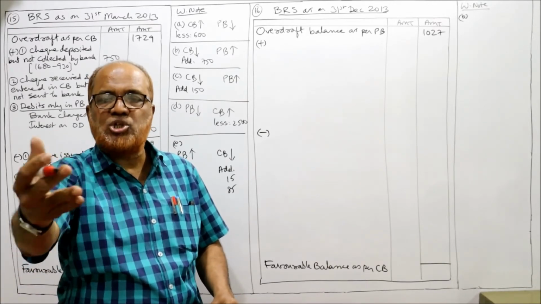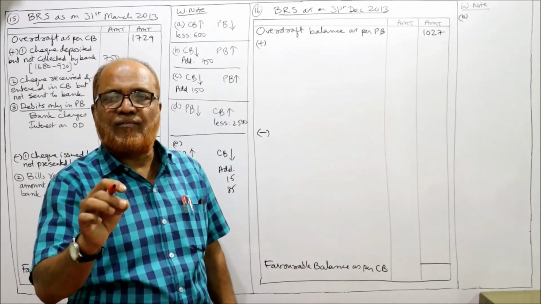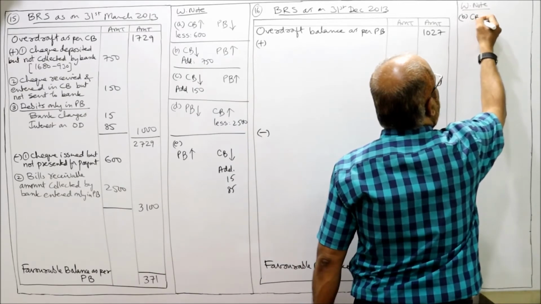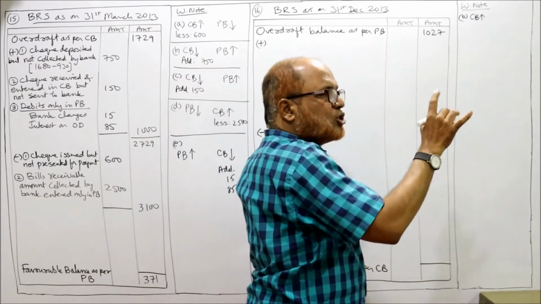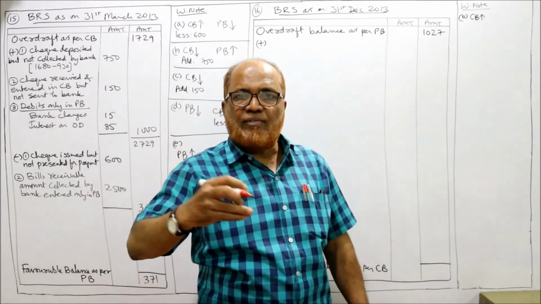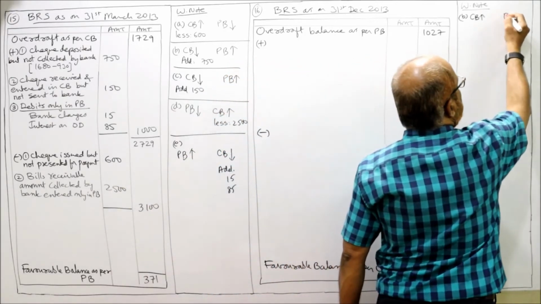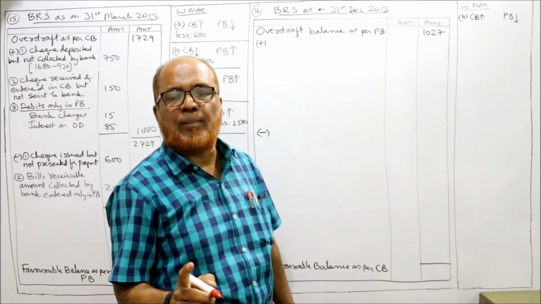Drawn means issued, check issued. When we issue the check, we record first of all in the cash book. So cash book overdraft will increase. We are having overdraft balance in the beginning. So we assume there is an overdraft. So when we issue the check, when we draw the check, cash book overdraft will increase. Passbook overdraft still will show less balance because the checks are not presented for payment.